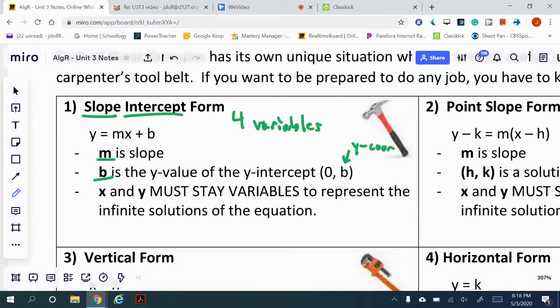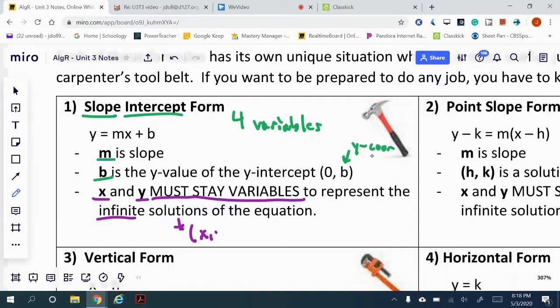All right. And here's another really important thing, guys, that x and y must stay variables. So when we start using this formula, you are never going to put a number in place of x and y. They must stay variables, because here's the deal. X and y have to represent every single possible solution, the infinite number of solutions to the equation.